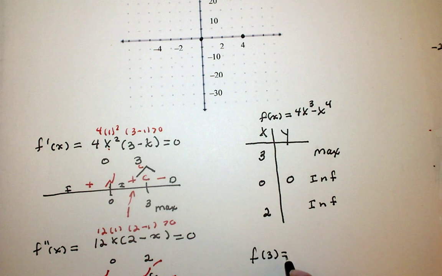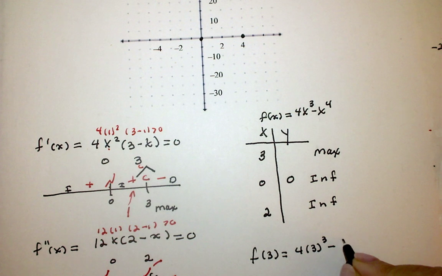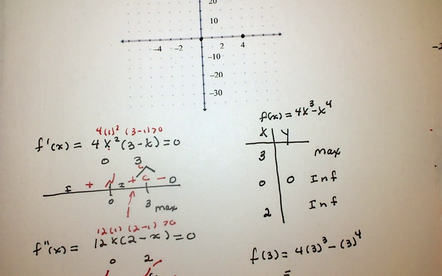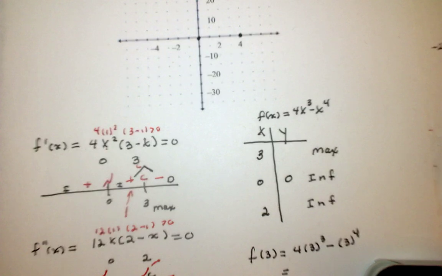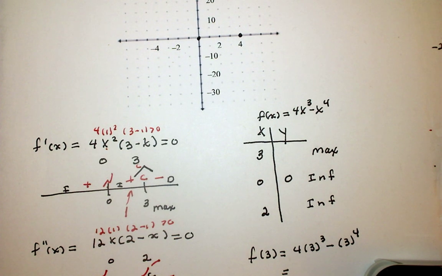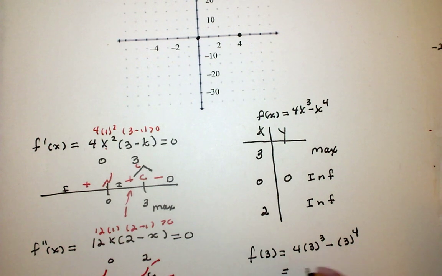Well, f of 3 is 4 times 3 cubed minus 3 to the 4th, which is 27.